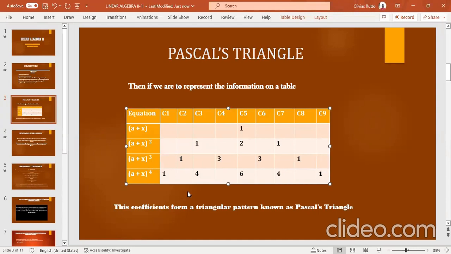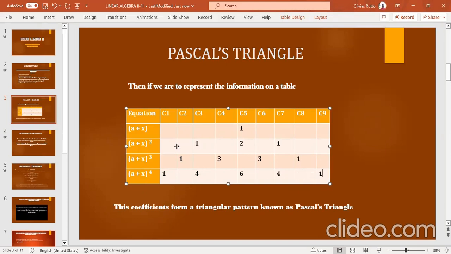Further, if you go to A plus X to the power 4, we'll have how many terms? 5 terms. So we'll have A power 4, 4A cubed X, 6A squared X squared, 4AX cubed, and X power 4.